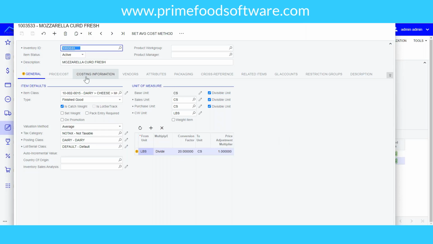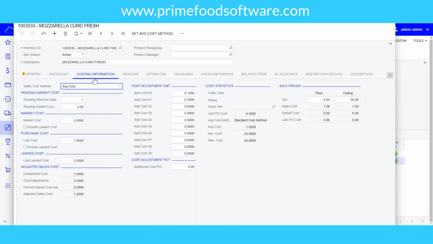But returning back to the costing and the pricing side of it, we know that this is a very important area for all of you to protect your margins. We then start with, where are we going to start? Are we going to start with the market cost because your vendor's giving you the price every week? Maybe the last cost from a PO.